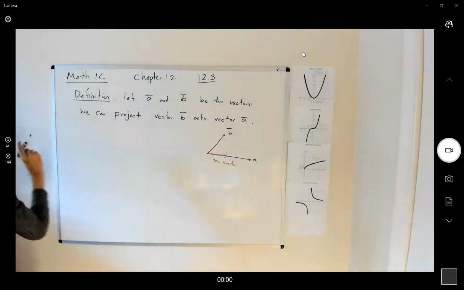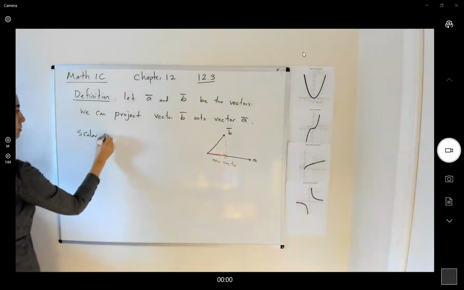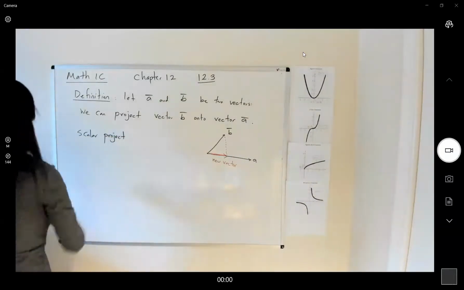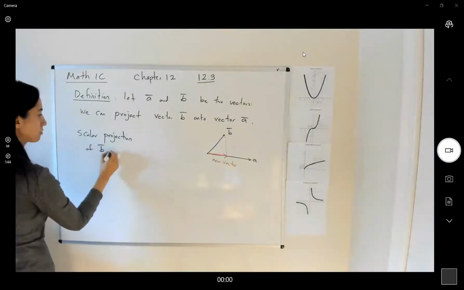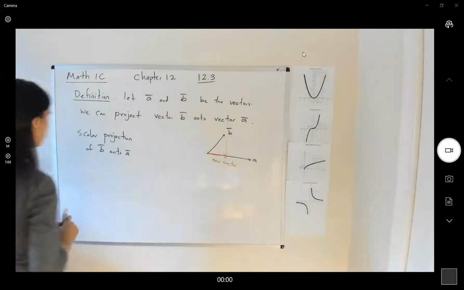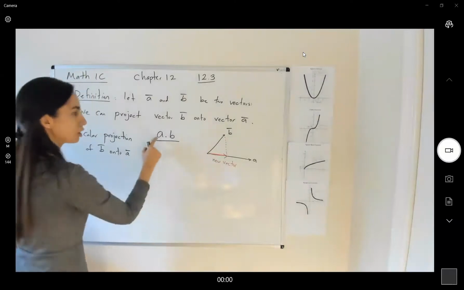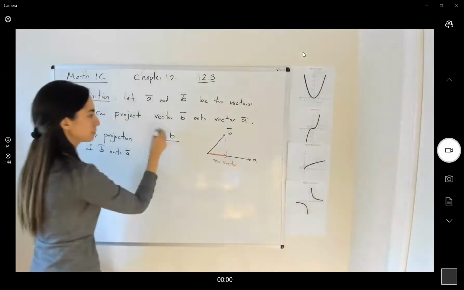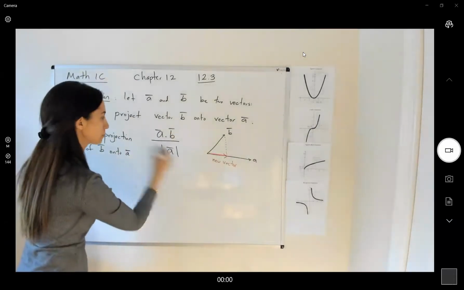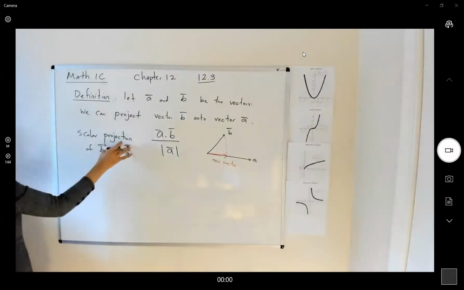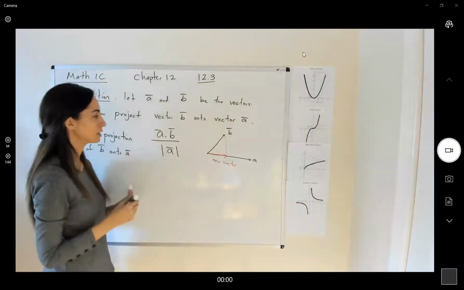So the scalar projection of B onto A follows the formula A dot B, the dot product between these two vectors, divided by the magnitude of vector A. This is scalar projection, and note that on the numerator you have a constant, a number.